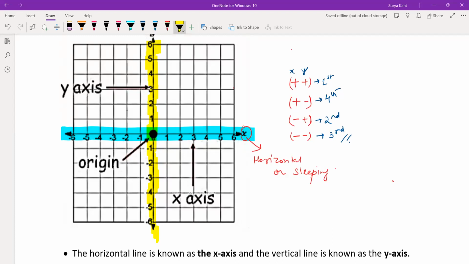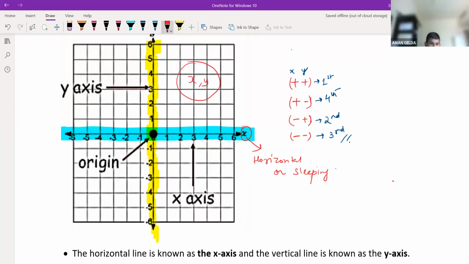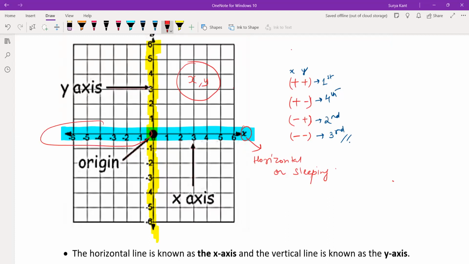So now if you see in the first quadrant, x and y both are positive. On the x-axis, the left hand side is negative and the right hand side is positive.